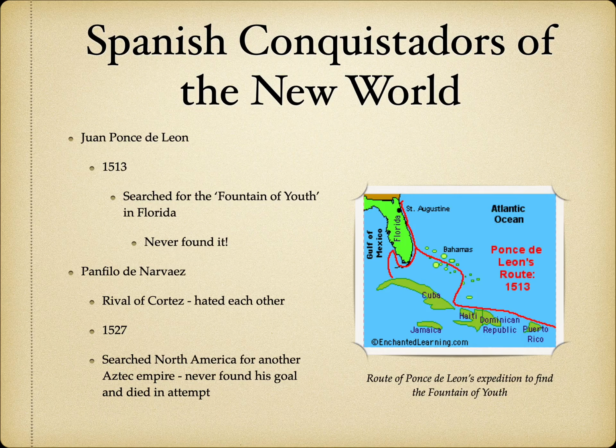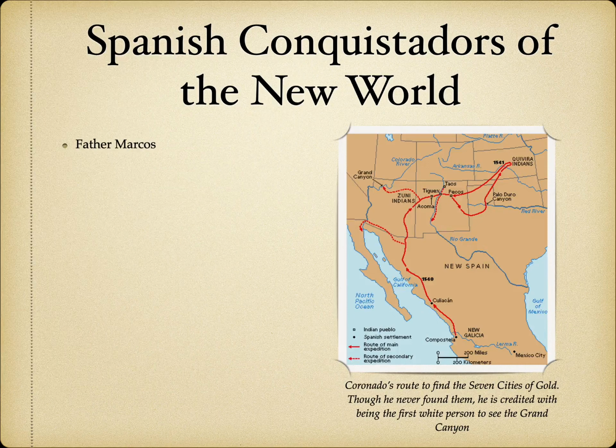All right, the next guy we're going to talk about is a gentleman named Father Marcos. Now, Father is not his name, it's his title. What does that then imply? There you go, okay? He is a Catholic religious figure. He is, in fact, a Franciscan monk.